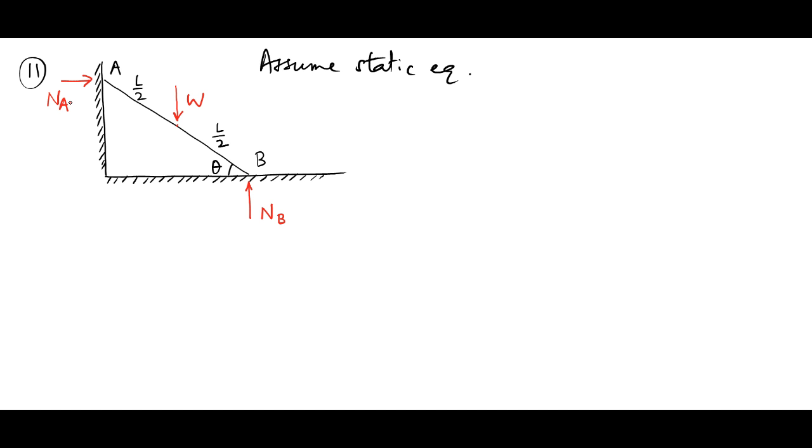And further, we can't have friction over here because the floor is smooth, but there is a possibility that there is friction over here, and of course the friction is going to prevent the end A from sliding in the downward direction.